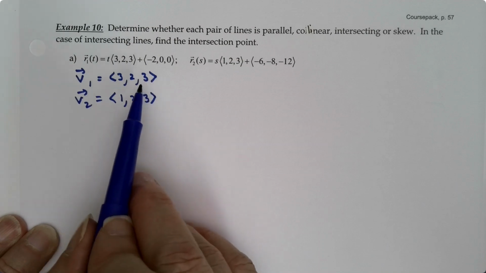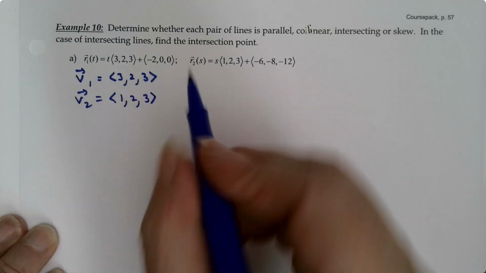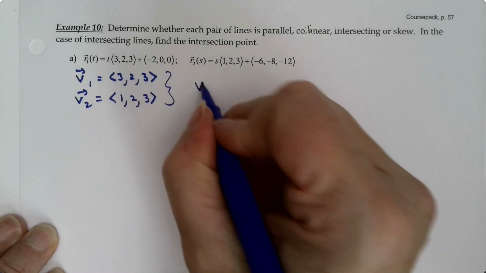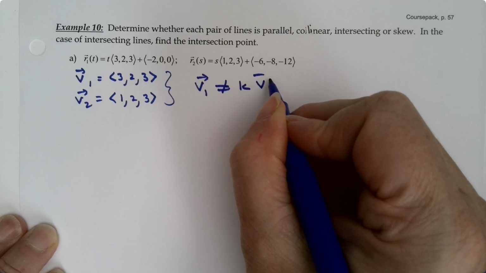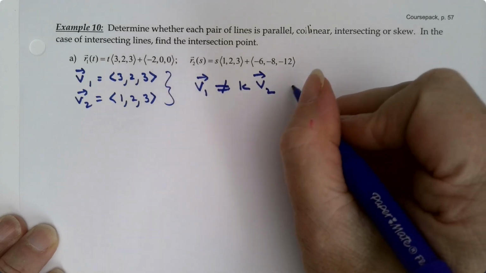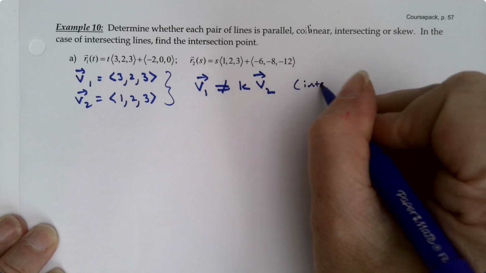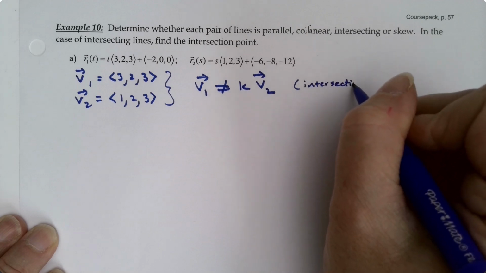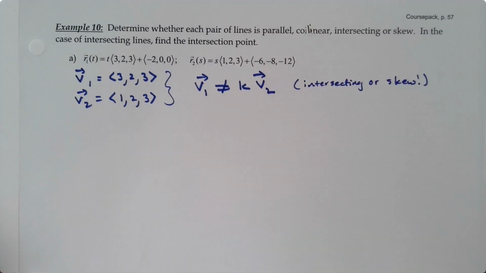That's not going to work because 2 times 1 is 2, but 3 times 1 is not. So V1 is not a multiple of V2. That means that I'm either intersecting or skewing. Those are the options.